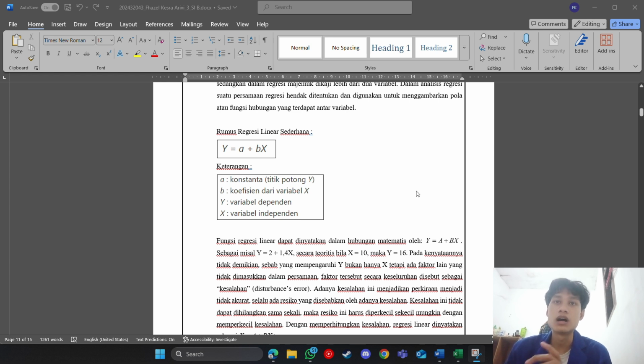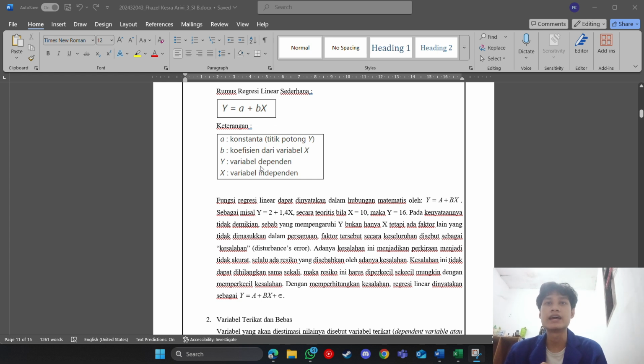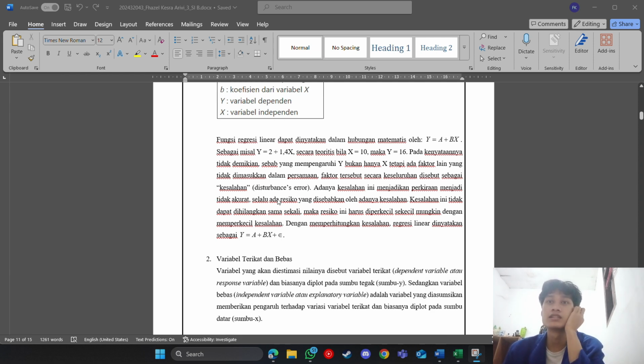A stands for the constant, the intercept of y, and b is the coefficient of the x variable, and y is the dependent variable, and x is the independent variable. So theoretically, it's just y equals a plus b times x.